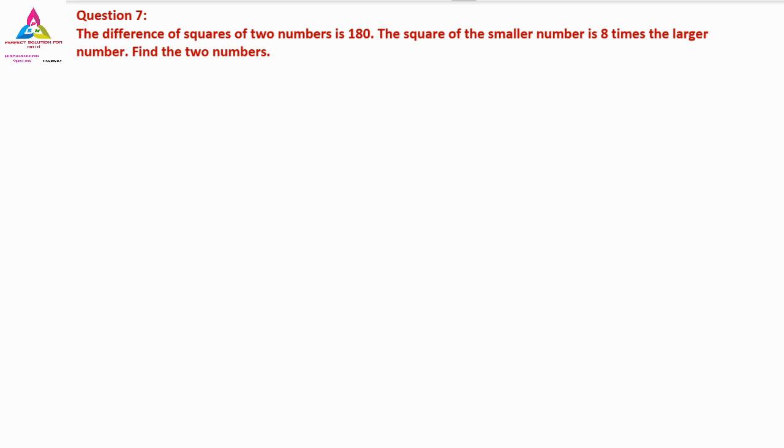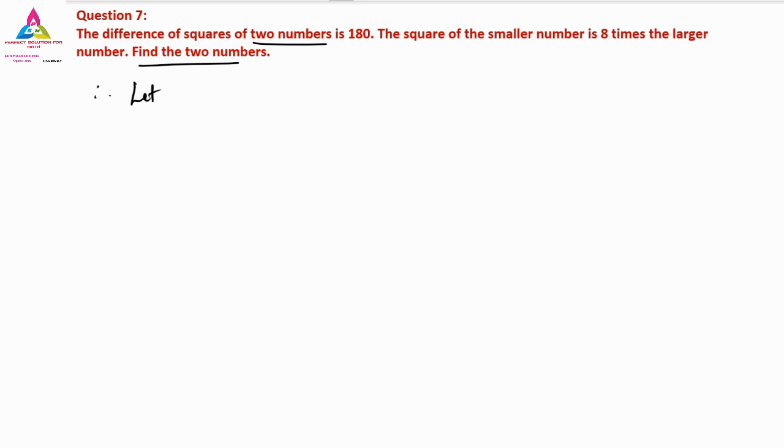The difference between the squares of the two numbers they have given means you have to find the two numbers. Before that, I want to explain one thing. We can't take the two numbers directly, but you can see one thing.